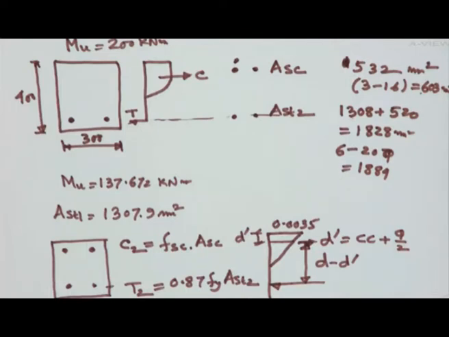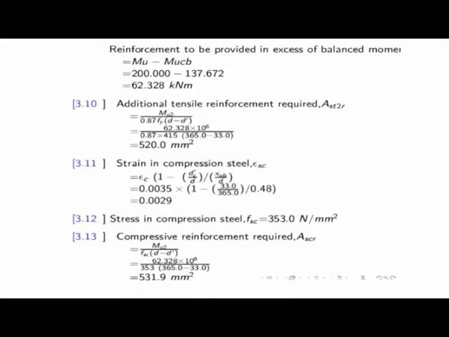Economy, safety, and so many other things are there. So in this case also, it is better to go ahead with 16, or even 12 millimeter dia bar if possible. Five 12 millimeter dia bars, with 113 each, will give me 565 square millimeter, which is much closer to 532 square millimeter. So this way you can find out.